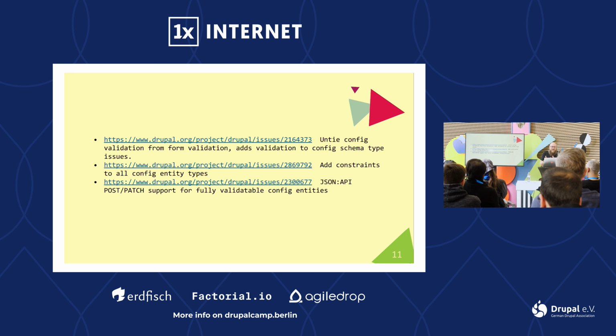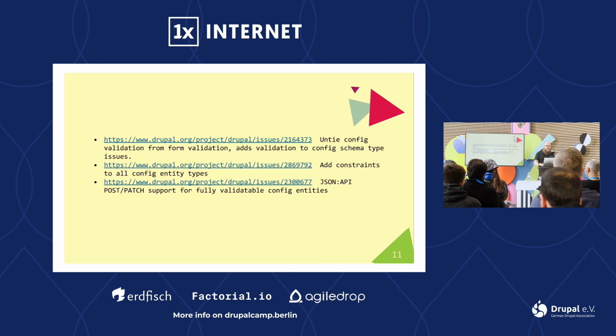And we want to add validation to every single config schema out there in core, and in most things that end up being in Drupal CMS, hopefully as well, which is another bunch of things that we have to check, and to all the config entity types. And eventually, JSON API POST and PATCH support for fully validatable config entities, which is actually the use case that enables Experience Builder to do things.